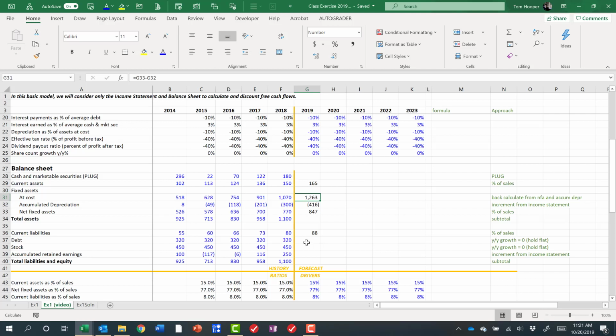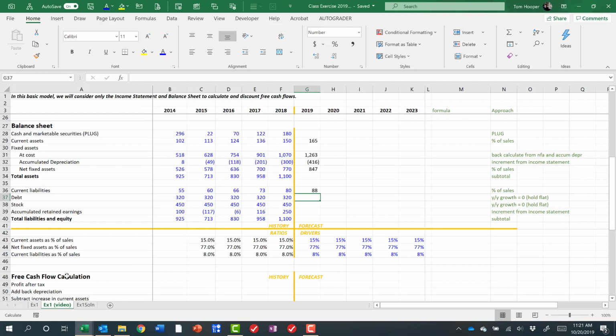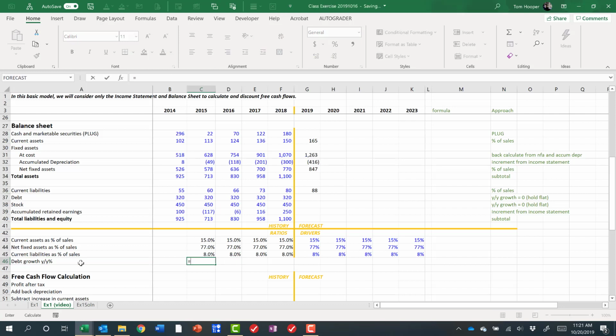Now let's talk about debt. I think we're told over here to hold debt flat. Need to be more specific about that in writing these problems. But in order to hold the debt flat, we could come down here and say debt growth year over year percent. And we could calculate that that had been 0%.